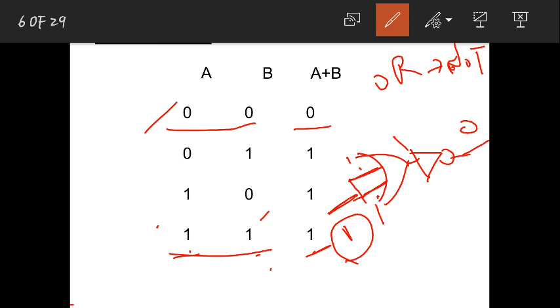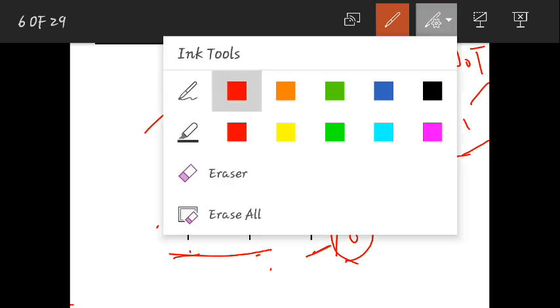And one more case: if I give 0 as input, then 0 and 0 give output 0, and the output here is 1. So I am giving input 0 and getting output 1, so this is acting like a NOT gate.